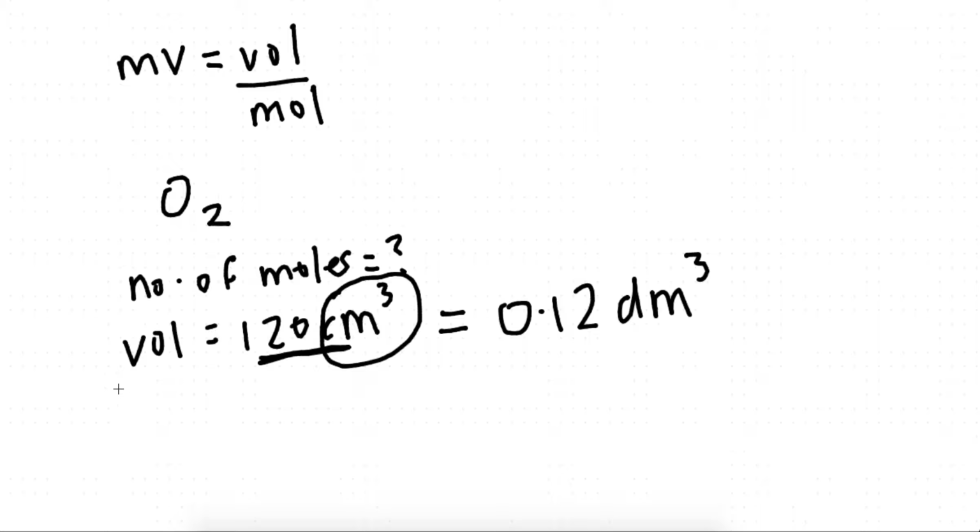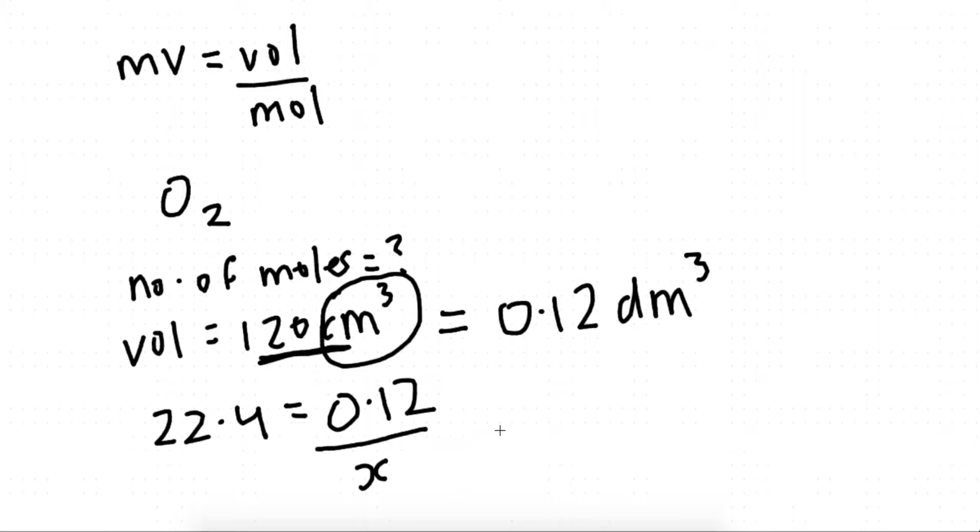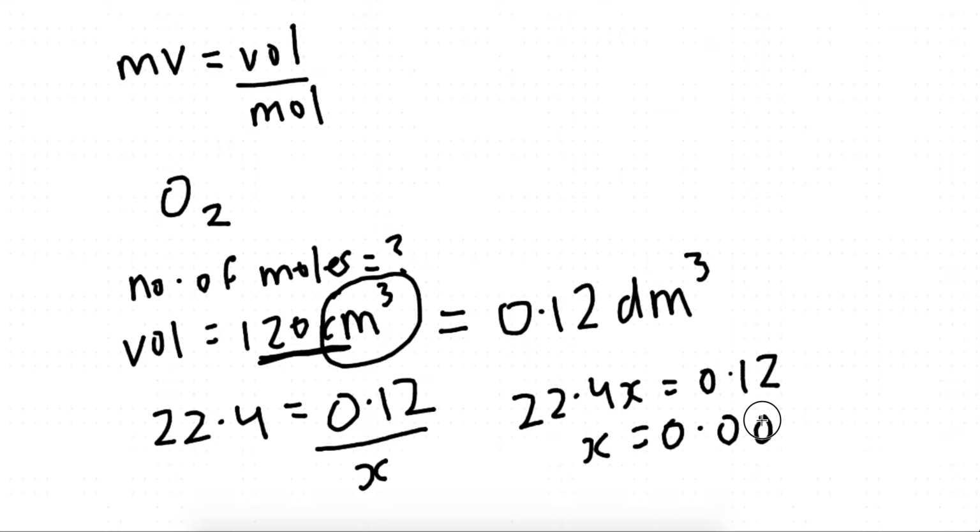You know the molar volume is always going to be 22.4 equals the volume, which is 0.12 decimeter cube, over number of moles, which is x. So 22.4x equals 0.12, and x equals 0.12 over 22.4, which equals 0.00, let's see, one second, guys.